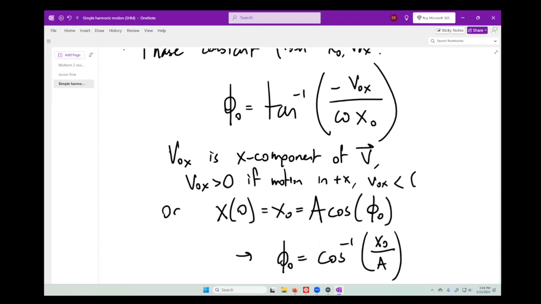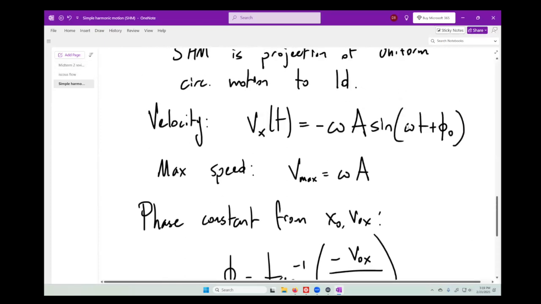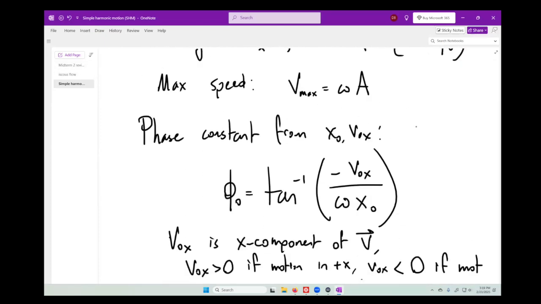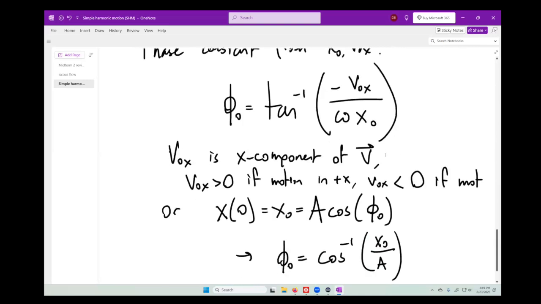It's negative if moving left, so v naught x is not speed in this case. If I wrote v naught, that would mean initial speed, but I'm writing v naught x, so it's the initial x component of the velocity. If we're moving left, then v naught x would be negative, and this would be positive. Okay, thank you.